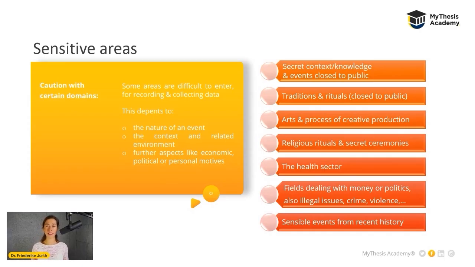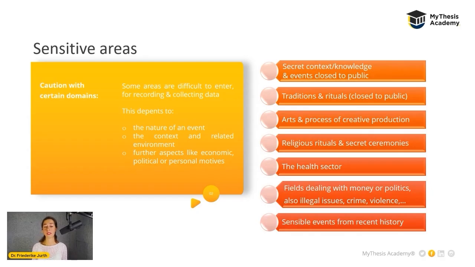And there's another type, which is the artistic process. So, for example, a process of creative production, which takes place for a certain reason. Then it is also the health sector.